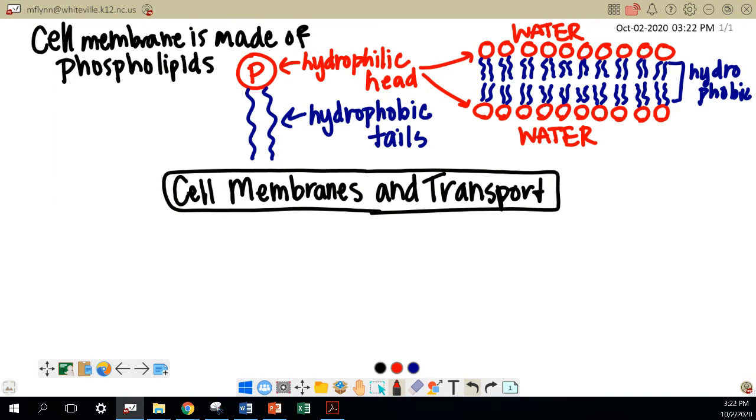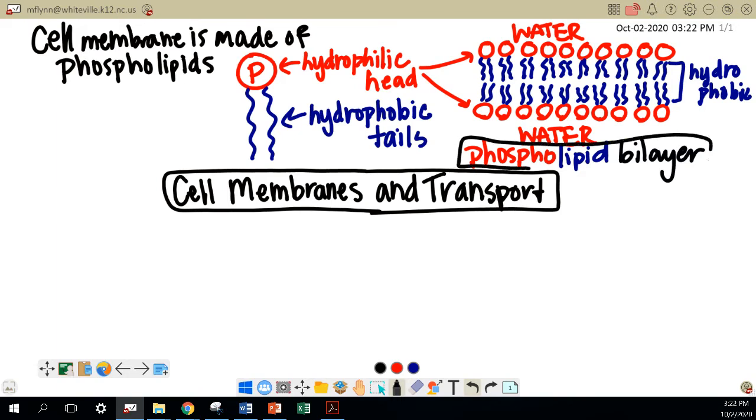Okay, so what we call this is the phospholipid bilayer. So that is the name of the membrane.